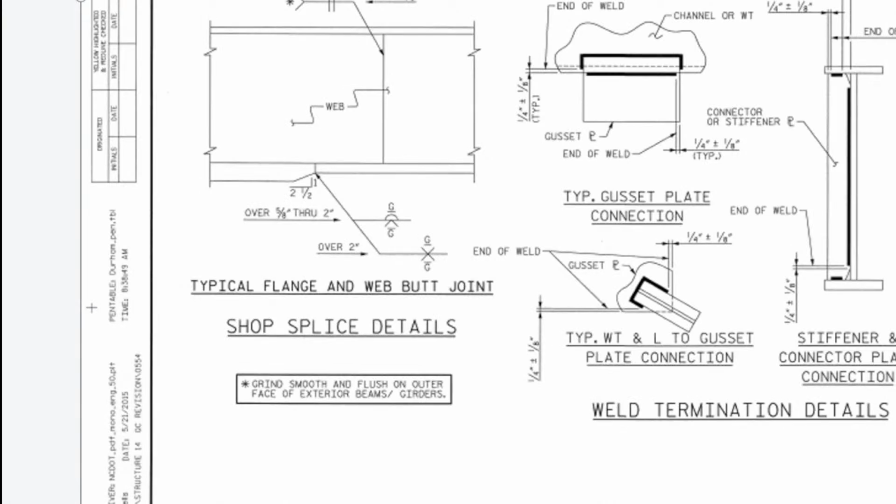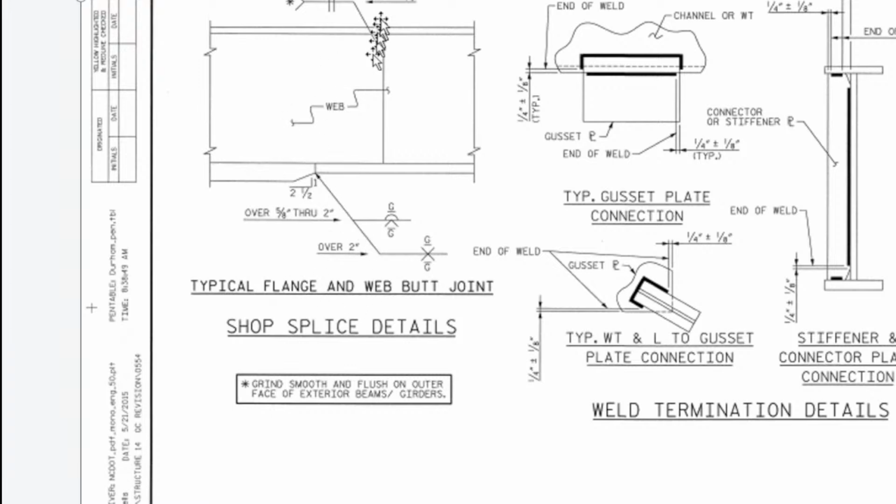On the bottom part, you have the following. Typical plans and web butt joint. This is what we call the web butt joint, and this is the flange butt joint.